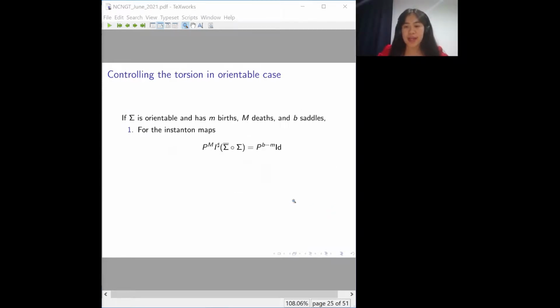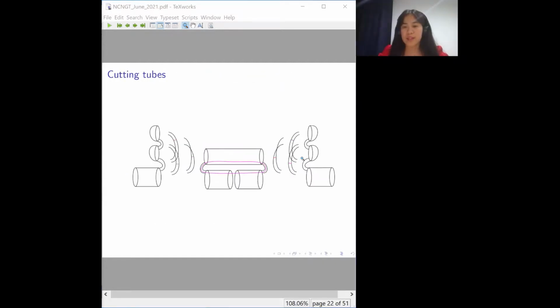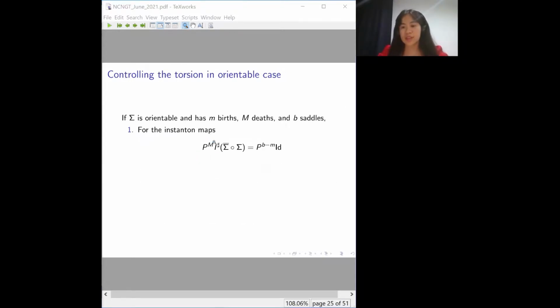Because of that, with these formulae, in both the instanton and HFK prime cases, the map induced by sigma mirror composed sigma can be related to the identity, the map induced by the cylinder, because the map induced by this cobordism, sigma mirror composed sigma with these extra tubes, is equal to both sides of this.